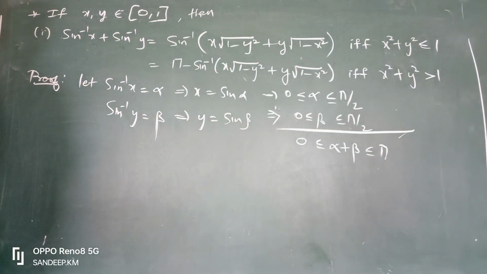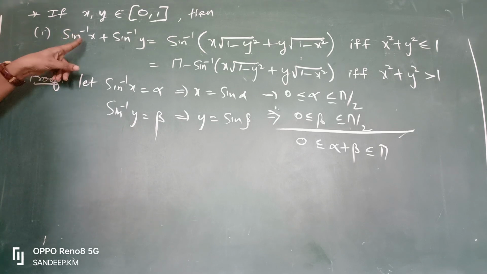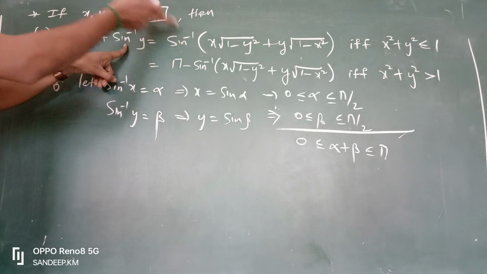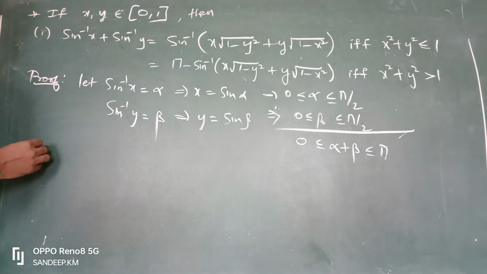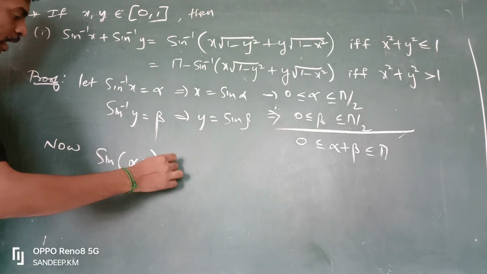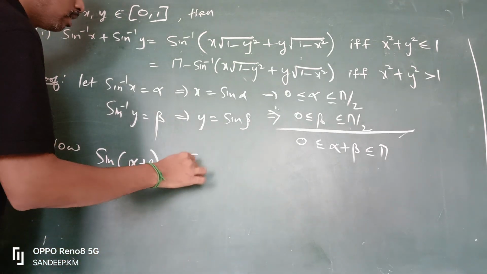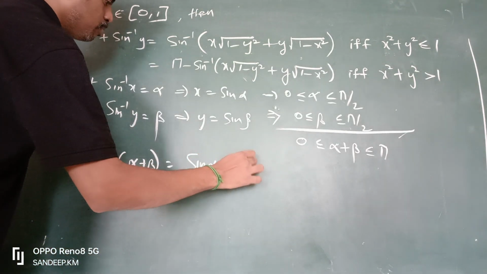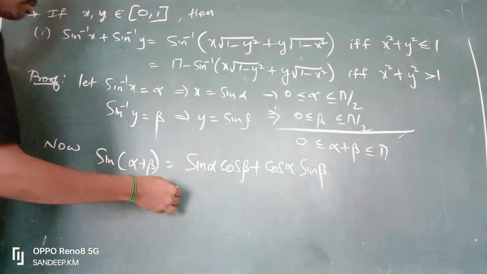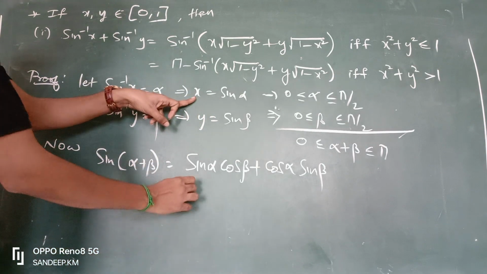Now, if the question is alpha plus beta, let me find sin of alpha plus beta. Sin of alpha plus beta is a very simple formula: sin alpha cos beta plus cos alpha sin beta. So sin alpha is x.